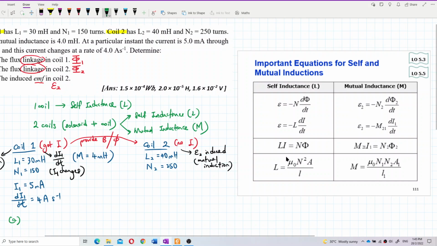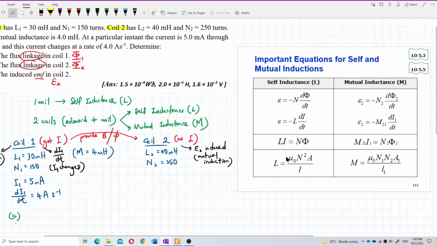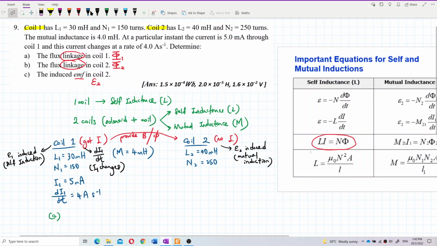So the flux linkage, capital phi 1, equals L1 I1 on coil 1, because I already have L and I, isn't it?